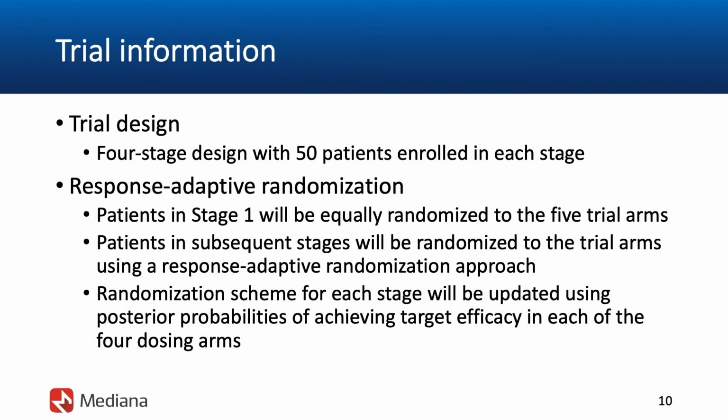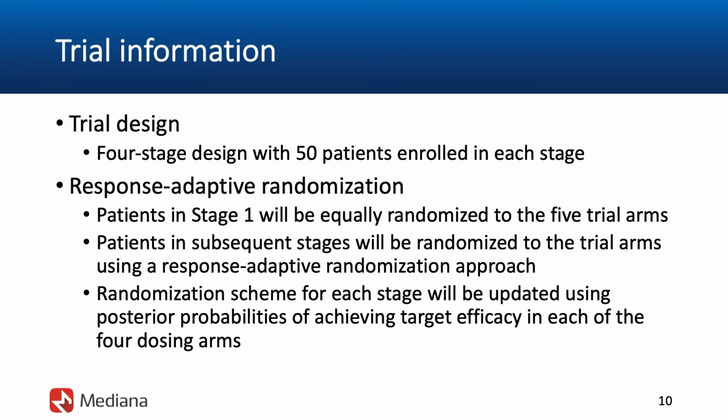A multi-stage design will be utilized in this case study to support this data-driven option to update the randomization schedule. 4 stages will be used, and 50 patients will be enrolled in each stage.